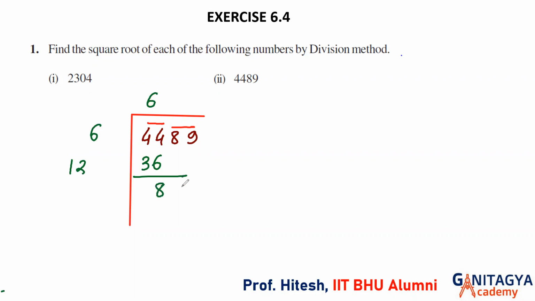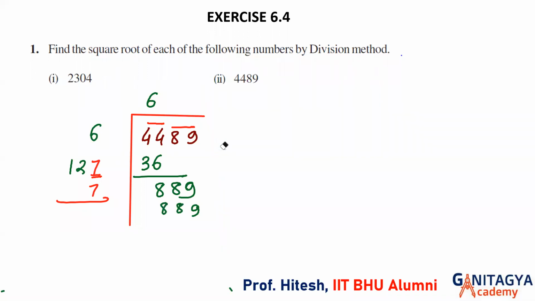Then 89 comes down. So we have to put a number over here, let us say 7. How am I taking 7? See, 7 into 7 is 49, so the last unit digit will be 9. That's why I am choosing this number. Then you can multiply 127 into 7, so you will get 889.